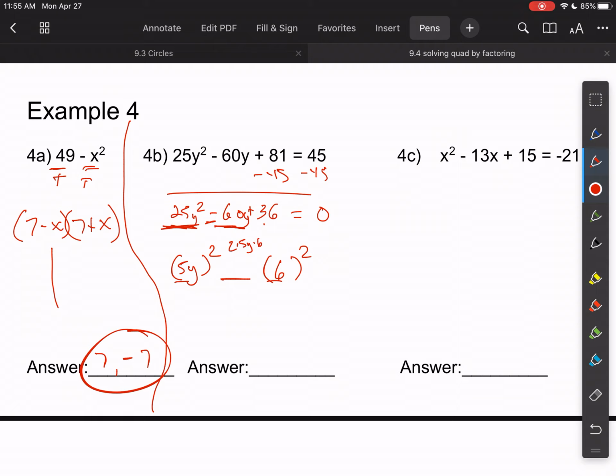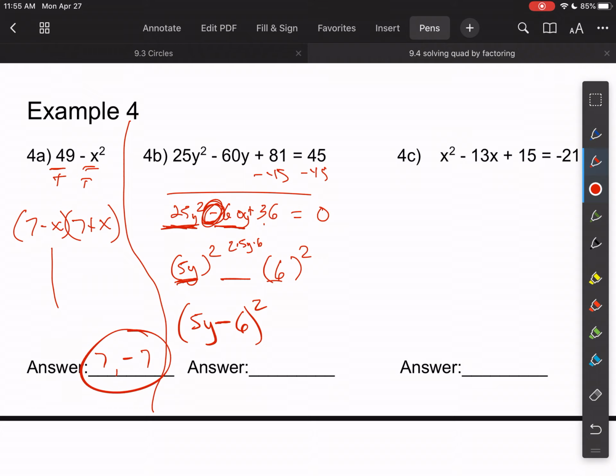So this thing is a perfect square trinomial. So I'm going to take the root of the first guy, 5y, and I'm going to take the sign that's given right here, minus 6, and I'm going to square that.